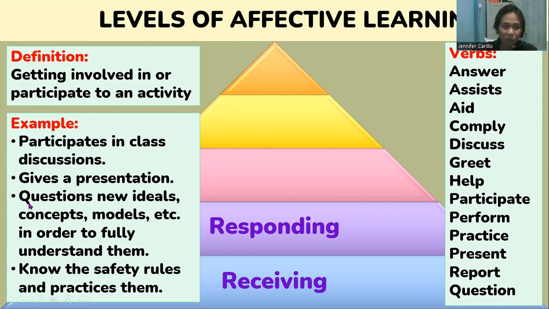Students are able to ask questions to deepen their understanding of concepts, models, and so on, in order to fully understand them. Another one, knows the safety rules and practices them. So these are some of the learning outcomes and the verbs we can use to develop the skill in responding.